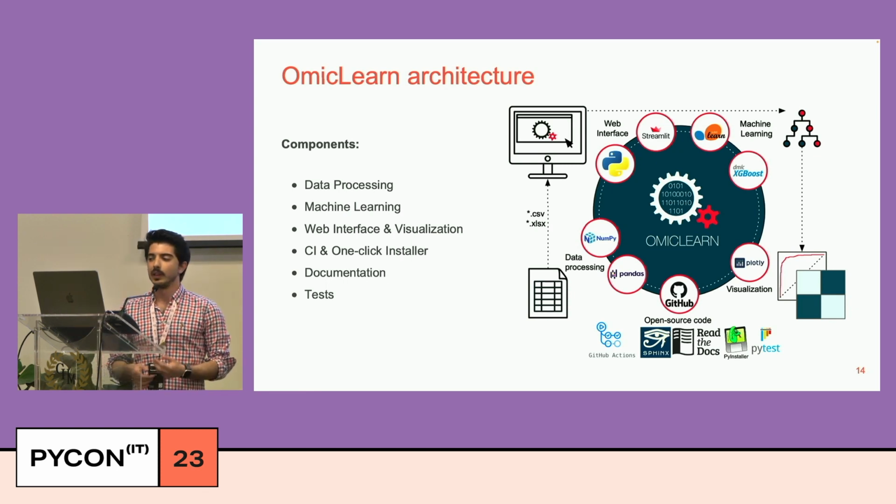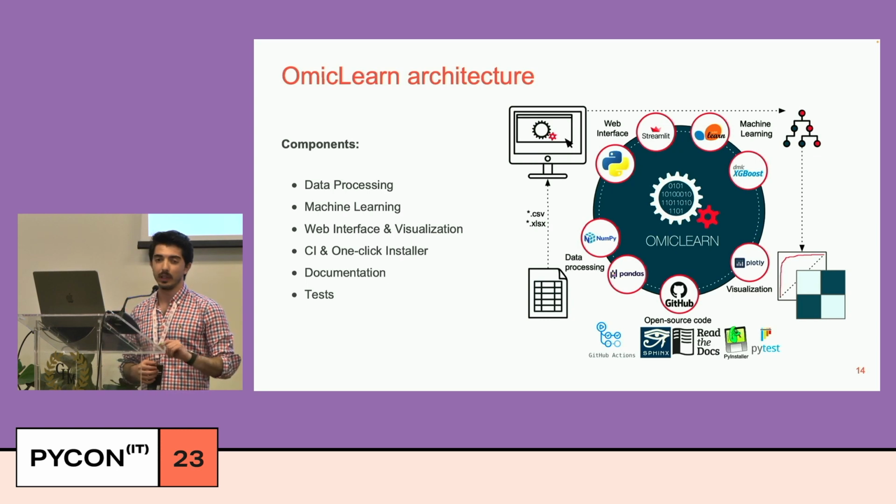We searched around for other methods and even tested deep learning for tabular data sets, but after our research, XGBoost was the most performant one. For the web interface and the visualization, because biologists should access the tool easily, we use Streamlit.